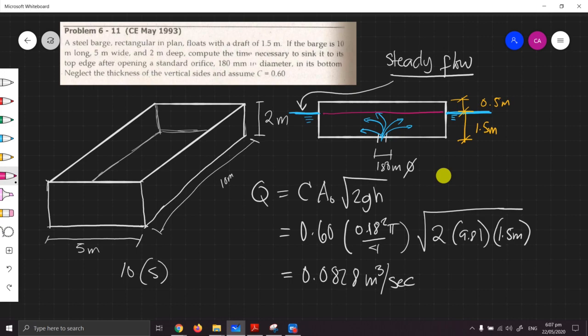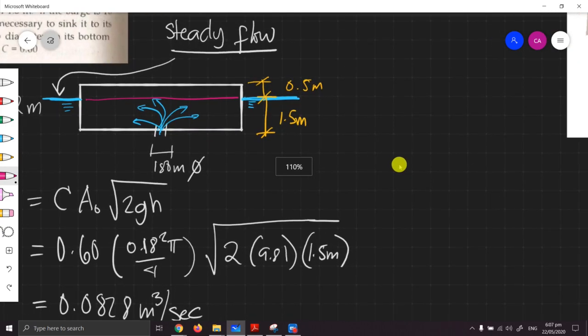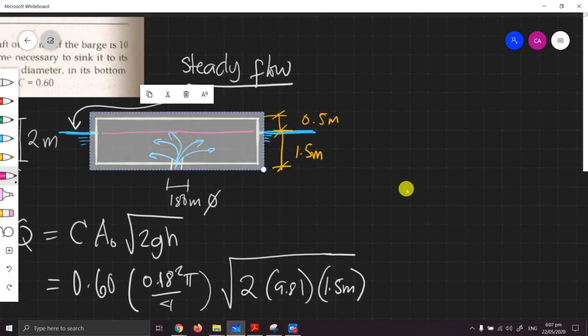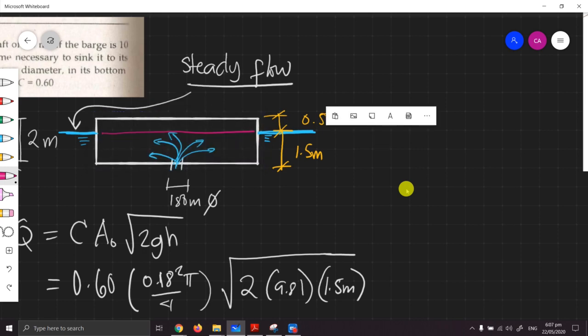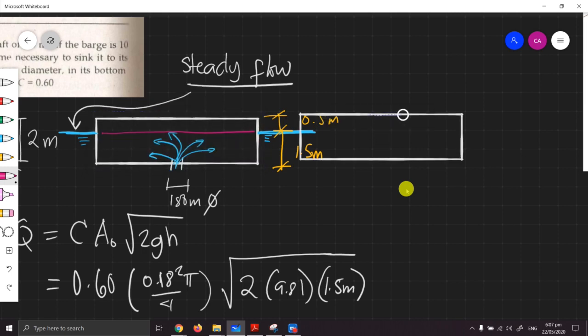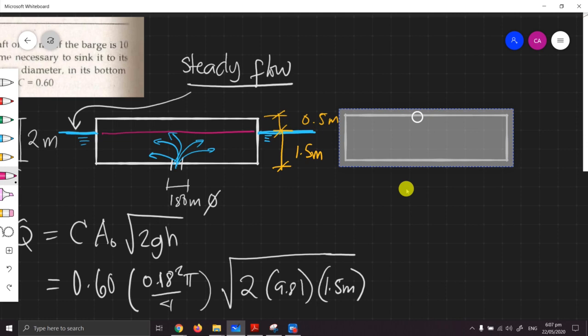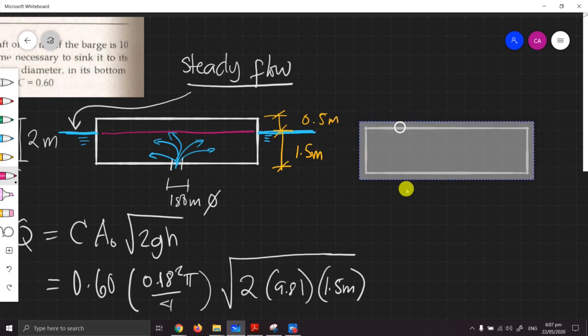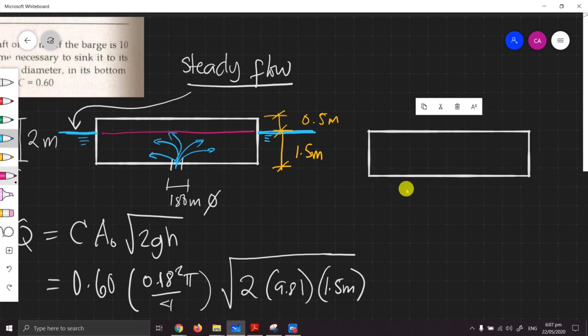Okay? So, parang ganito yung scenario, para maipaliwanag kong mabuti. Yung lulubog lang siya ng sakto ng ganyan. Okay?